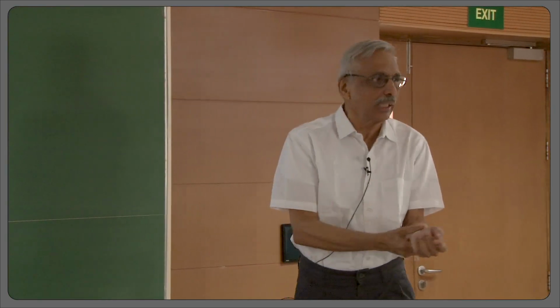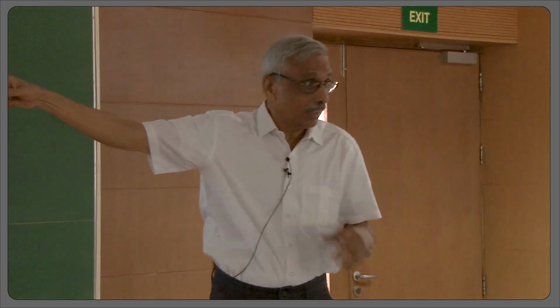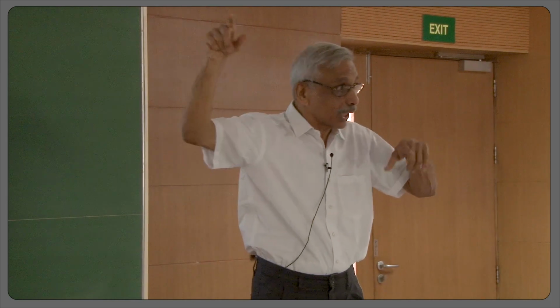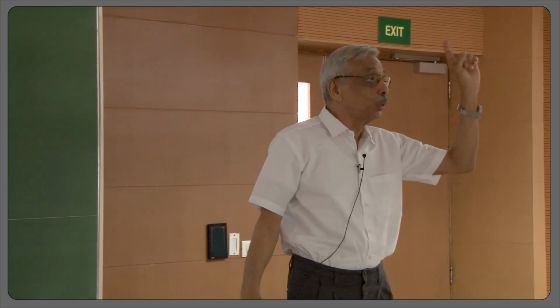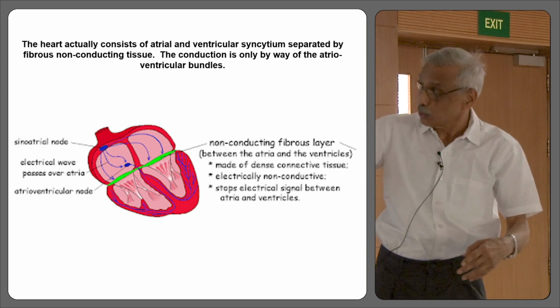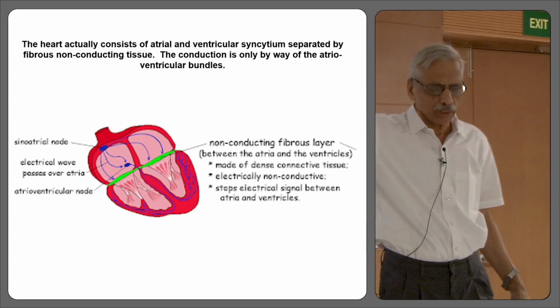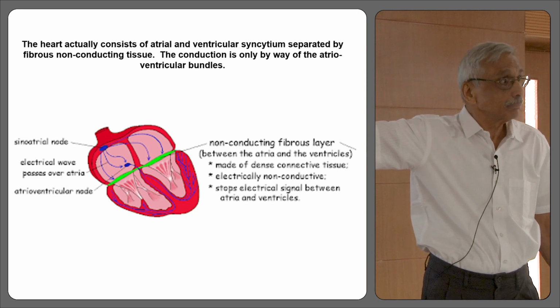Non-conducting fibrous layer means that all the cells of the auricles talk to one another by way of gap junctions, but the cells of the auricles do not talk to all the cells of the ventricle, because there is an insulator interposed between the two. And what is that insulatory system?